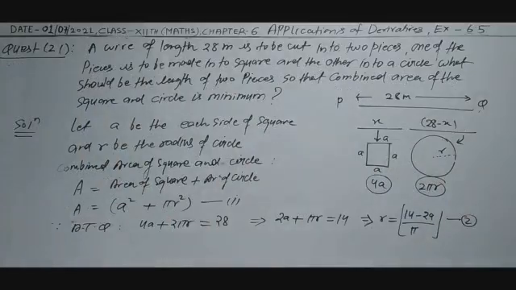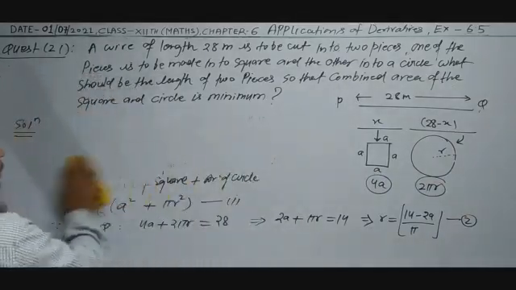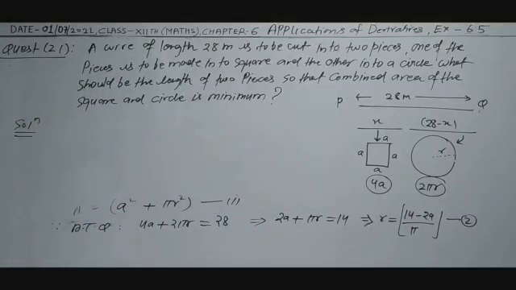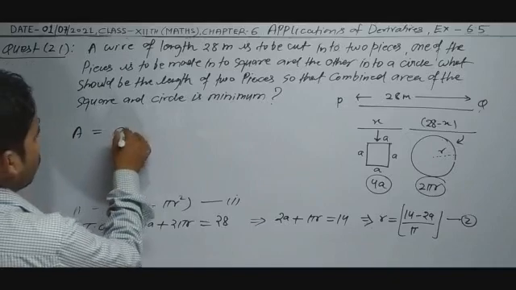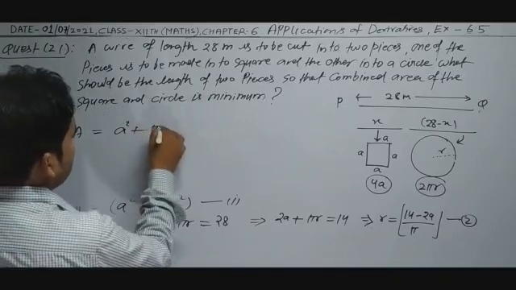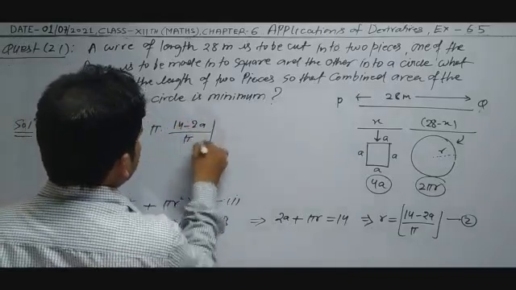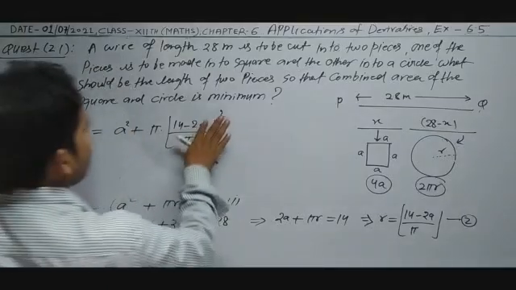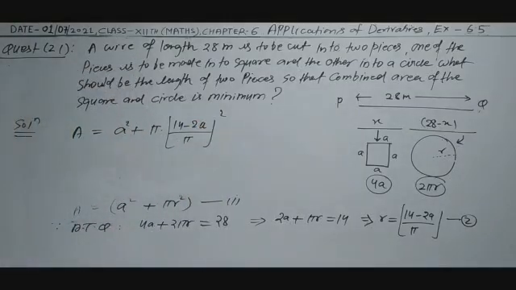Using 2 in 1, you will get the result: area is equal to a squared plus pi r squared, meaning pi times r value, 14 minus 2a whole upon pi, whole squared. This is the combined area. Now we have to differentiate.